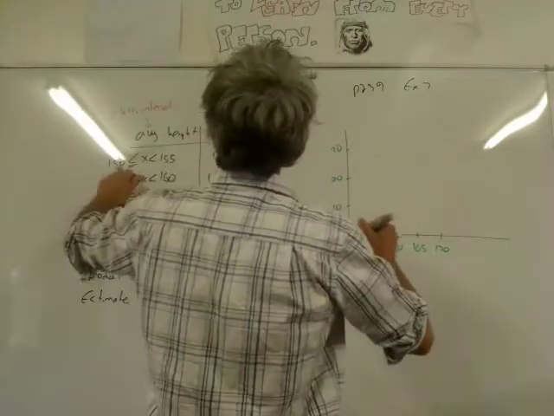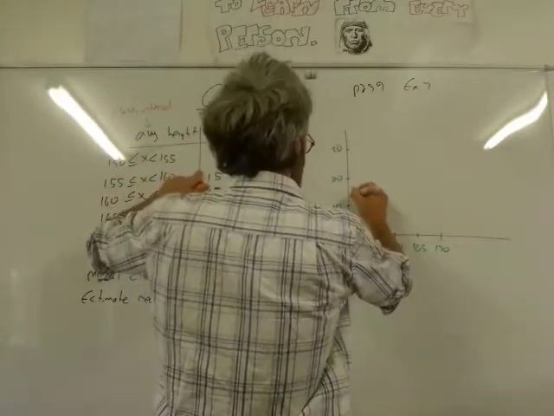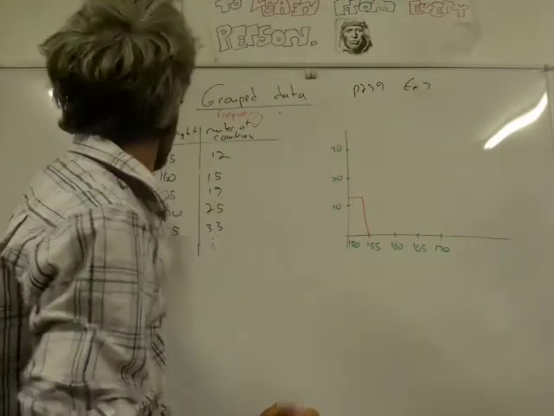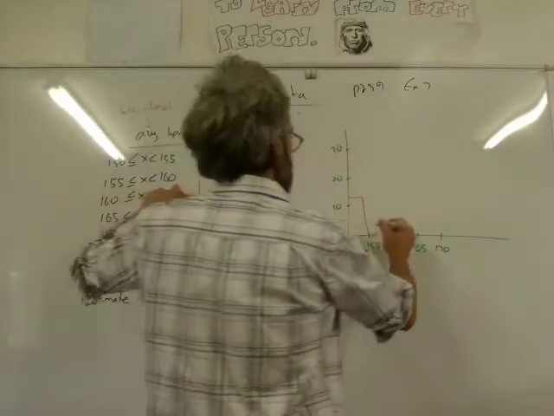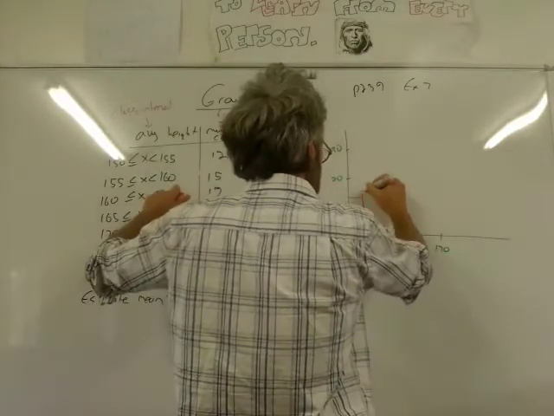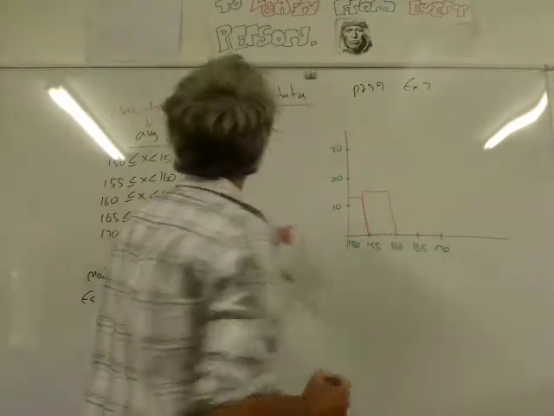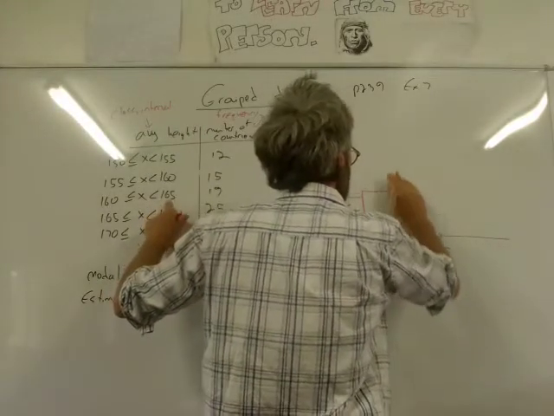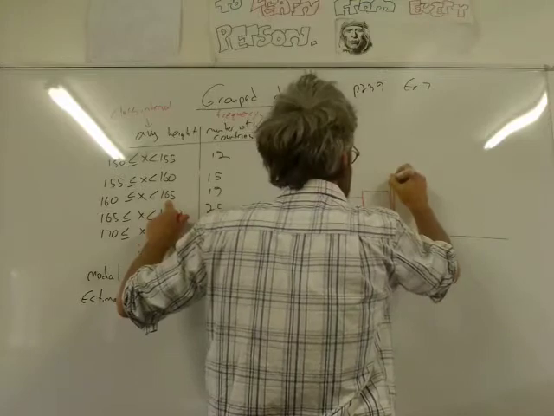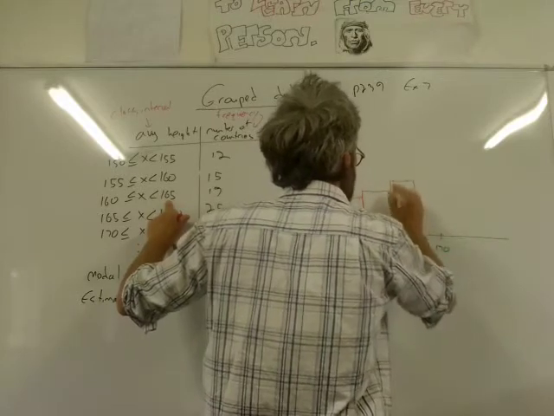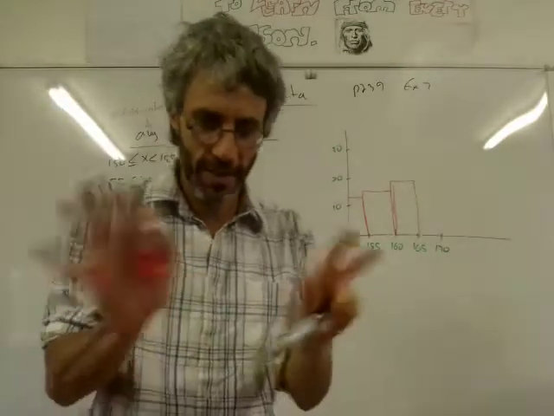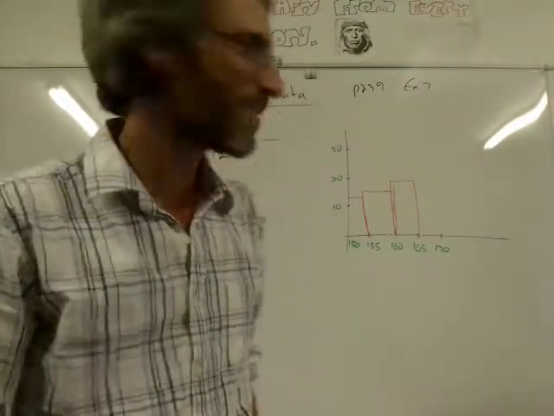So 150 to 155, we've got 12, so I'm going to do a bar like this. 155 to 160 goes all the way to 15. 160 to 165, 19, just a touch before 20, like this. So the bars are touching.